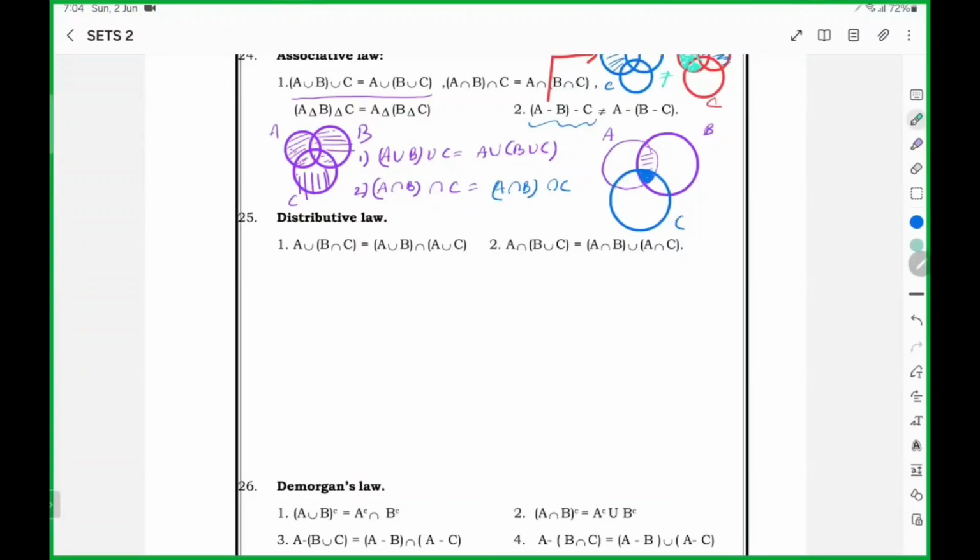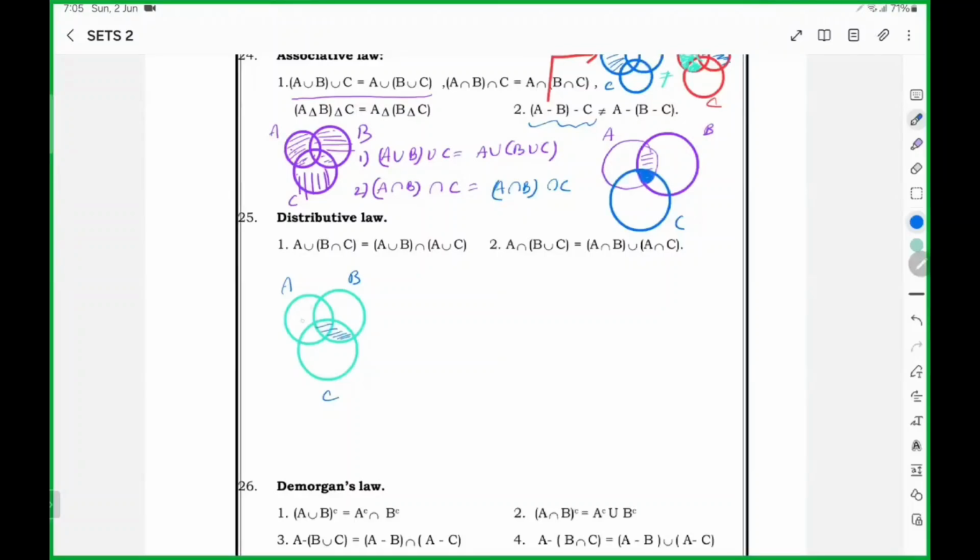Distributive law. A union B intersection C. B intersection C is this part.